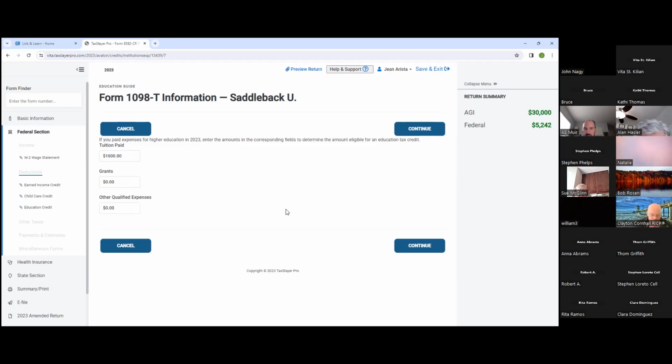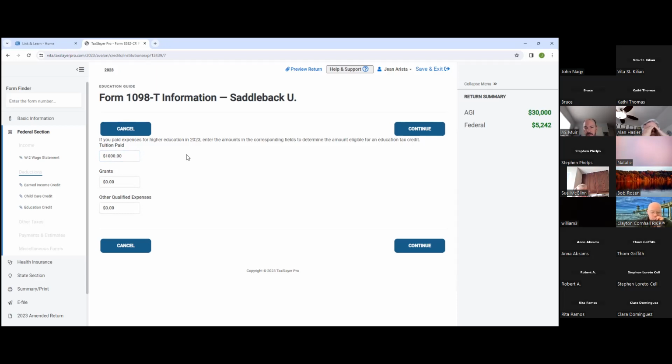Every student was notified, your textbooks are free. They don't cost you anything this semester. But typically what happens when you go to college, you're purchasing or you're renting textbooks. So in this case, she pays tuition of $1,000. And of course, that's to improve your skills or acquire skills.